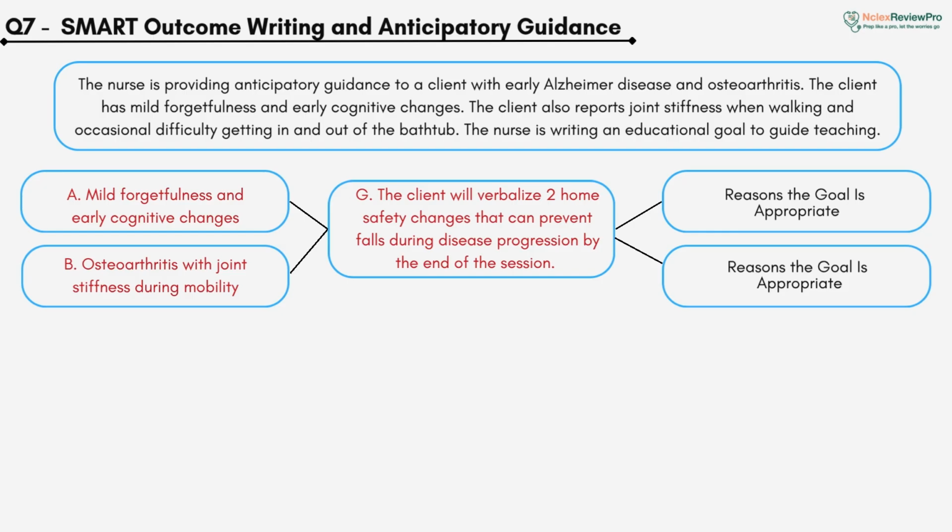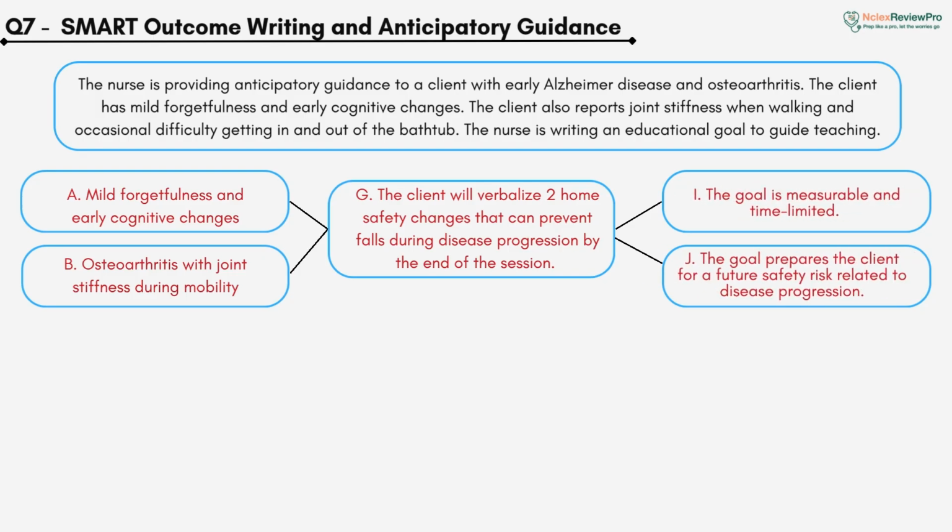And the reasons this goal is appropriate are: Option I, the goal is measurable and time-limited. And Option J, the goal prepares the client for a future safety risk related to disease progression.